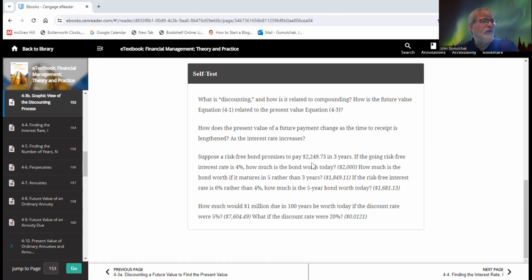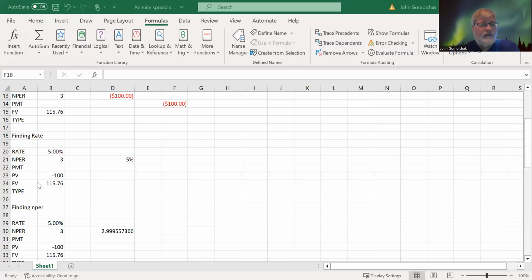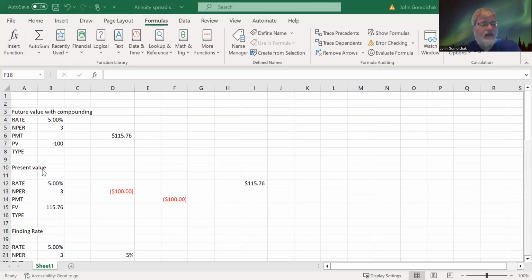Suppose a risk-free bond promised to pay $22.4973 in 3 years. If the going risk-free interest rate is 4%, how much is the bond worth today? All right, so let's go to our little chart here. I'll bring that up. We have it available to us. All right, so we're going to be finding the present value.